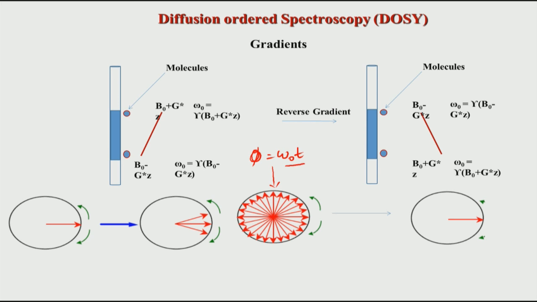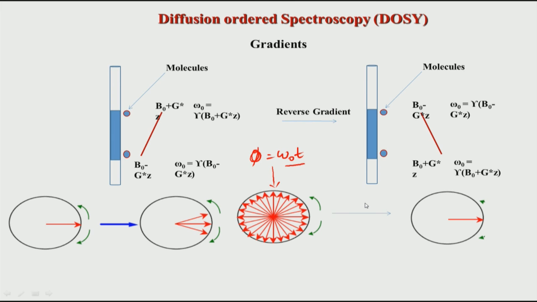This is the advantage of gradients: you can dephase and rephase simply by applying an equal and opposite gradient. We use the word reverse, or you can say opposite gradient, and therefore it has come back to the original phase. So, you can play around with magnetization by dephasing and rephasing, and whatever angle you want, you can choose that by applying this kind of gradient.